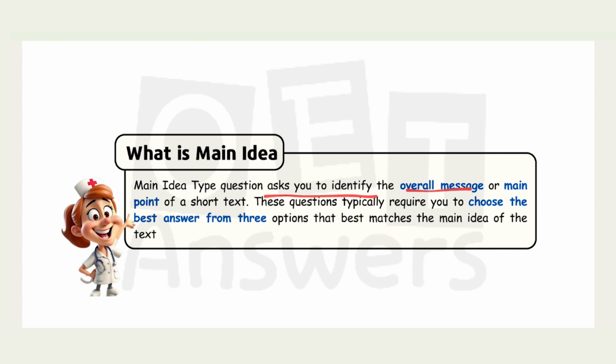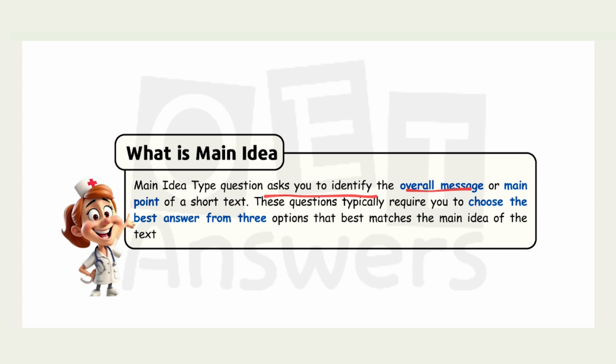These questions typically require you to choose the best answer from 3 options. Following the question, they will give you 3 different options, and you have to choose the one that indicates the overall idea or the main concept as the right answer.